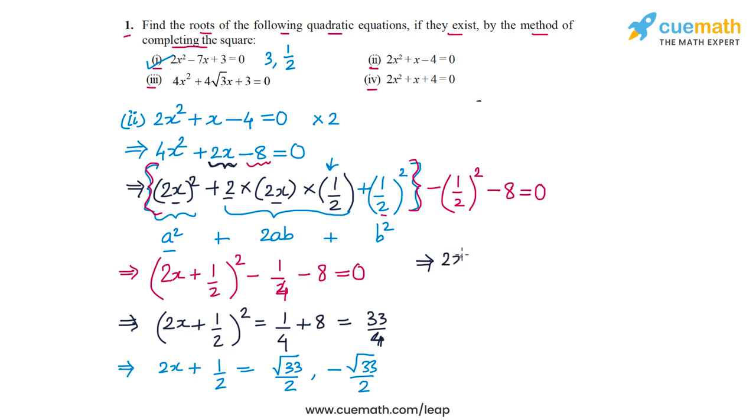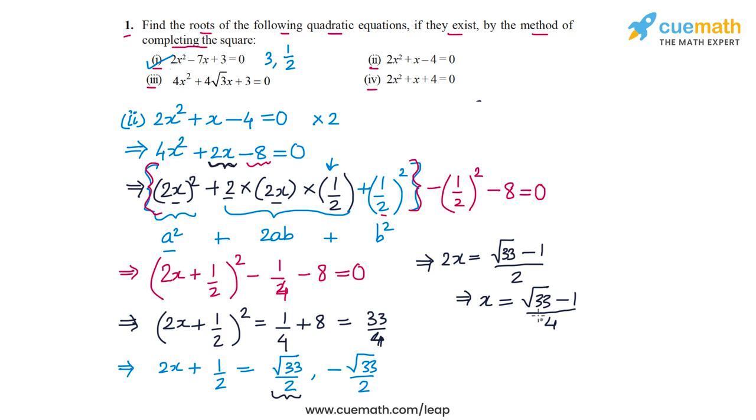If I take the first value, root 33 by 2, then 2x will be equal to root 33 by 2 minus 1 by 2, so root 33 minus 1 by 2, and from here x is equal to root 33 minus 1 by 4.